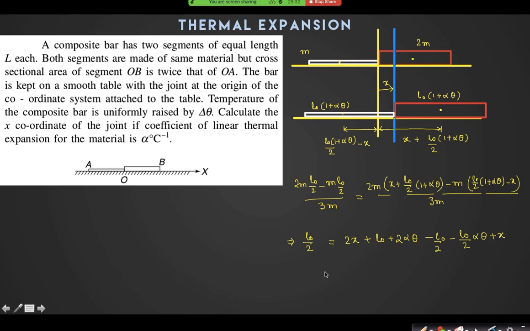So L naught by 2 and L naught by 2 get cancelled out. So I can say 3x is equal to minus L naught alpha theta plus L naught by 2 alpha theta.